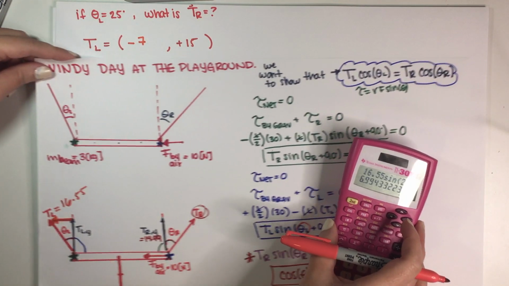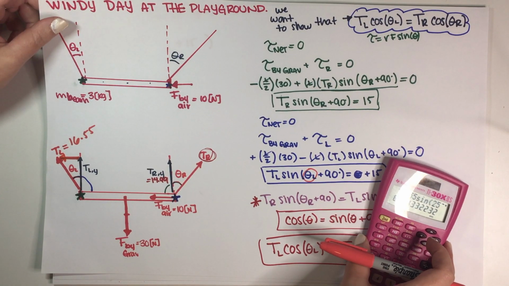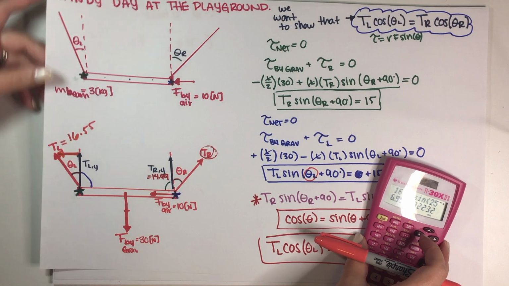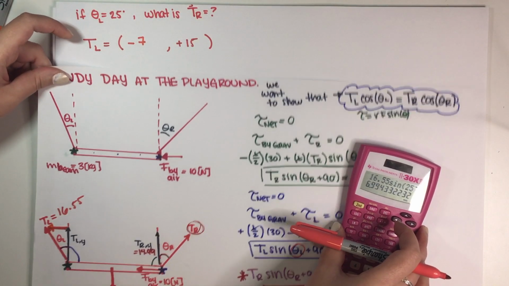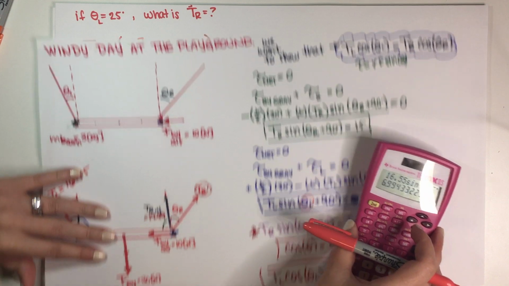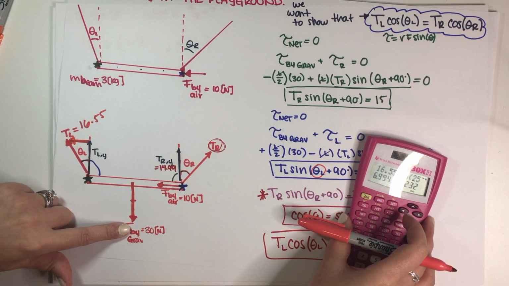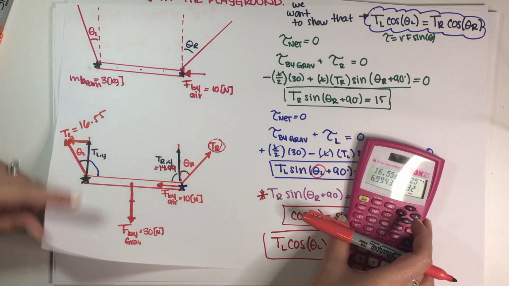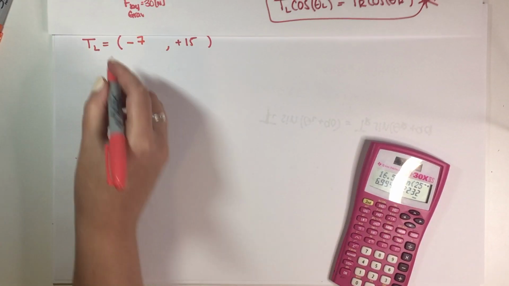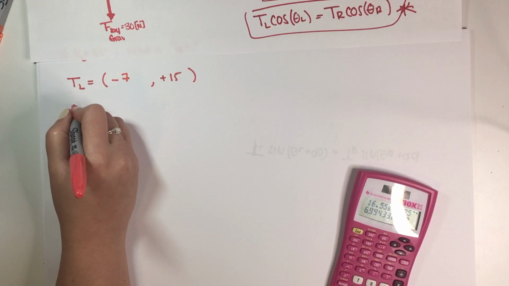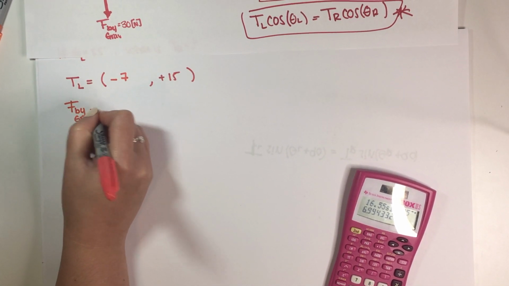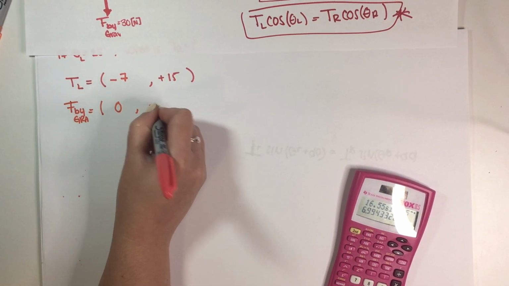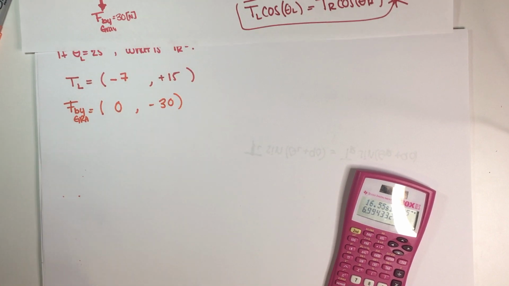Now, I need to split up every single other force that I have on my problem into x and y components. So let's go ahead and see. Force by gravity has a magnitude of 30 and it's going down. So in terms of x and y components, this basically just means force by gravity is equal to 0 and -30.